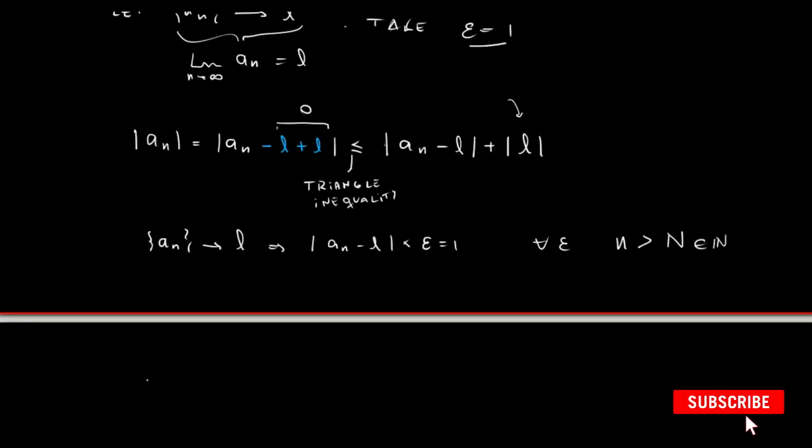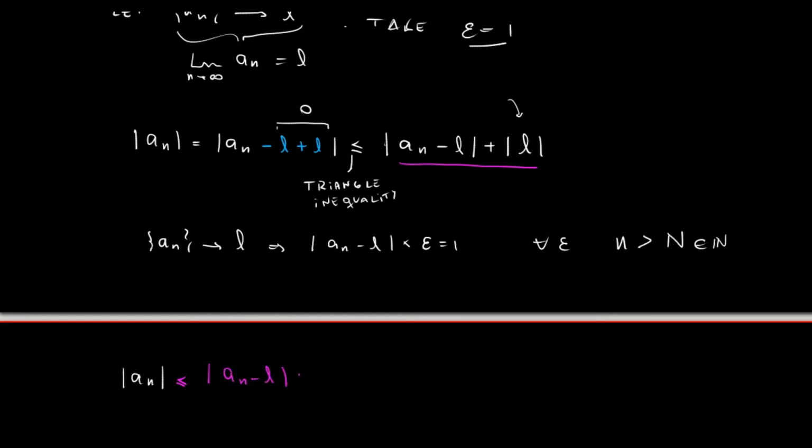So what we're going to do is, we know that the absolute value of a sub n, because of what we have here, is smaller or equal to the absolute value of a sub n minus L plus the absolute value of L. And because of what we have here, we can make this one smaller and say that this is smaller than 1, because epsilon was 1, plus this other thing, plus the absolute value of L. And we can just call this C1.